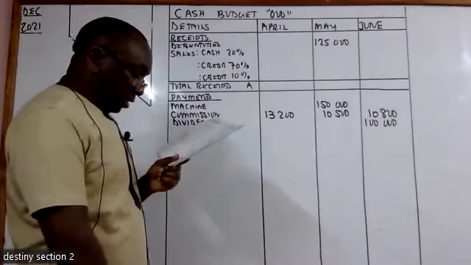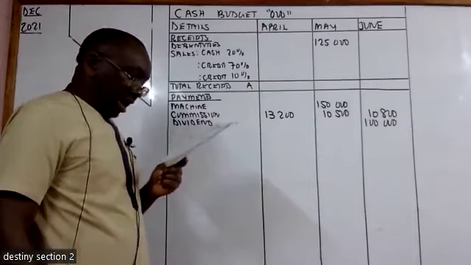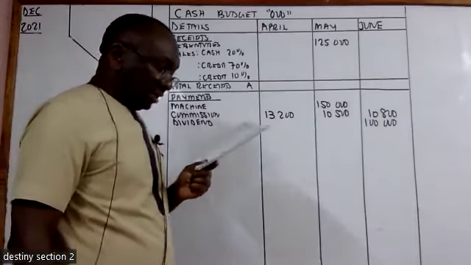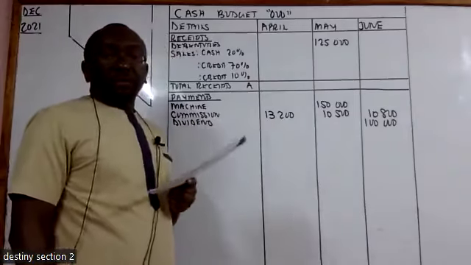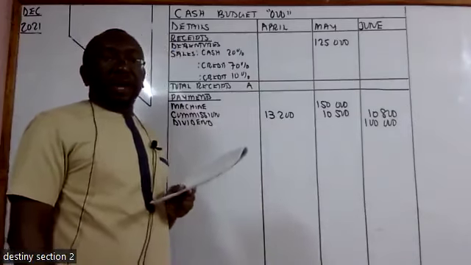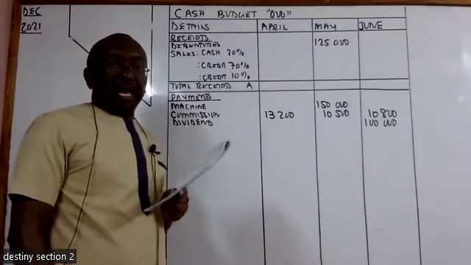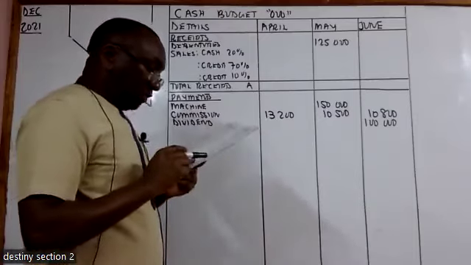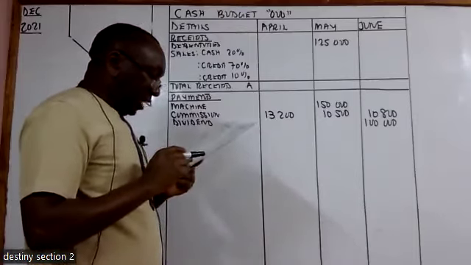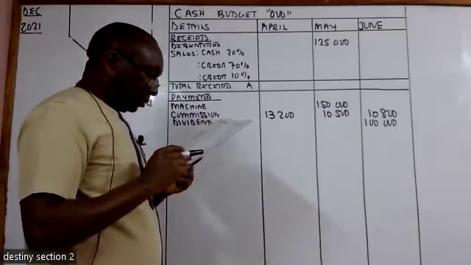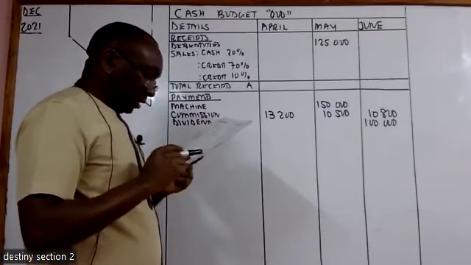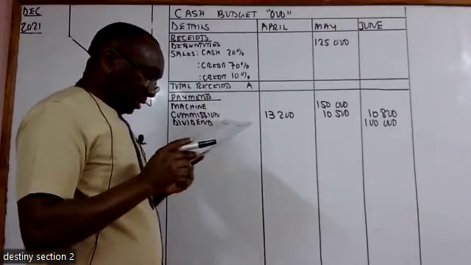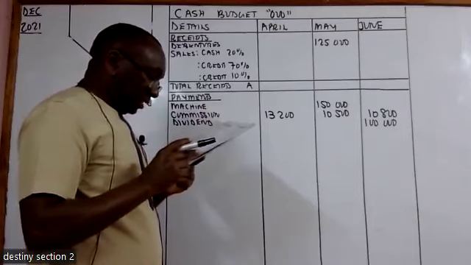Then from there, there is a delay of 1 month in payment of overheads and wages. That means you delay by 1 month. March wages are paid in April. So overheads and wages.